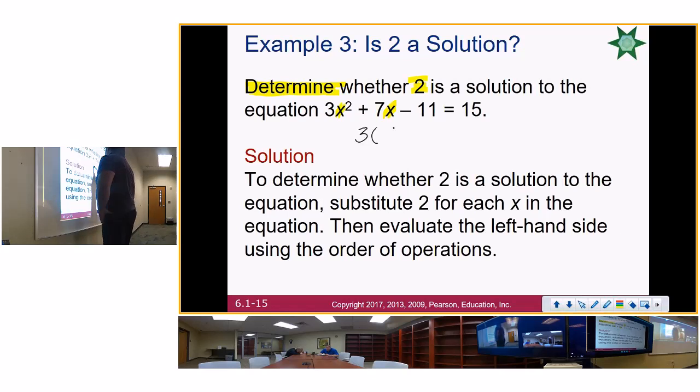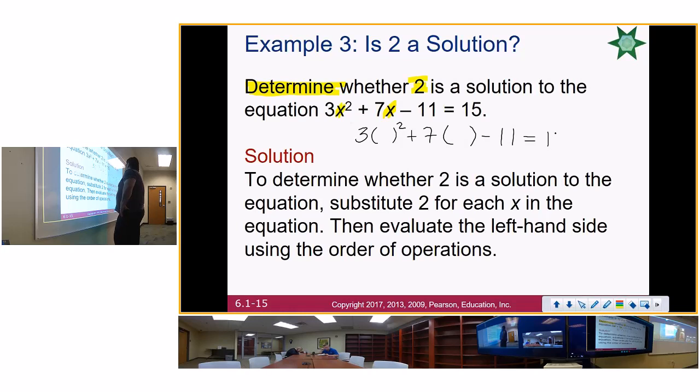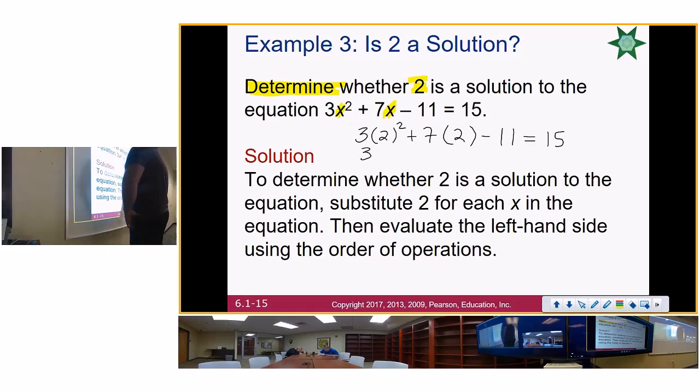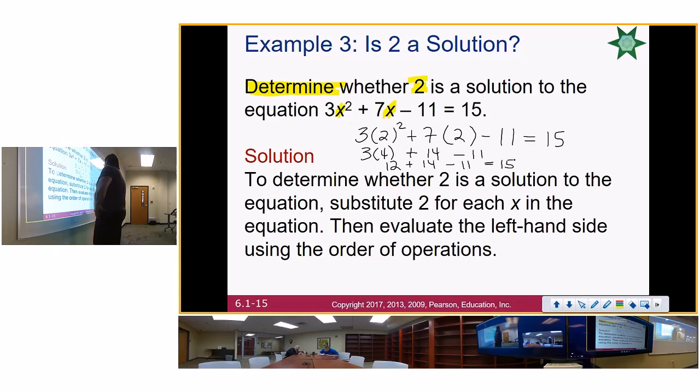3 parentheses squared plus 7 times parentheses minus 11 is equal to 15. Plug in a 2, plug in a 2. 3 times 4 plus 14 minus 11. 3 times 4 is what? Now you go left to right. 12 plus 14 is what? 26 minus 11 is equal to 15.